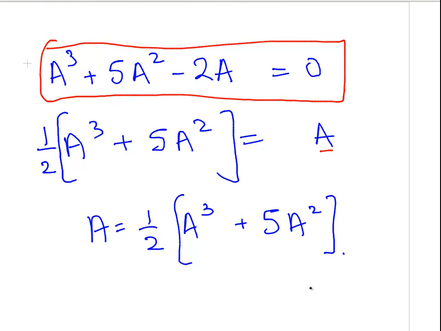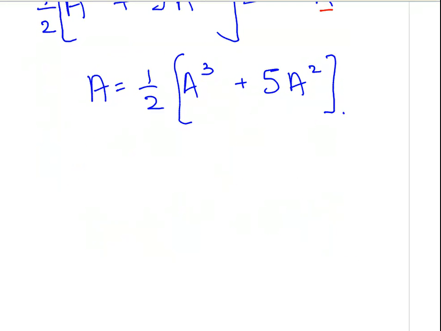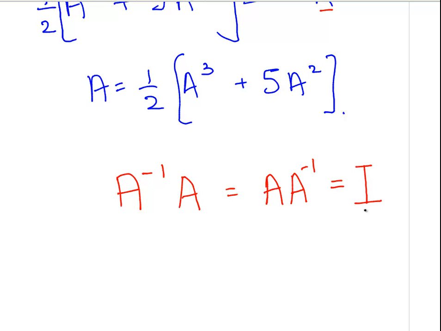Now, what I'm also going to say is a general rule to do with matrices, and it is very important. I'll do this in red pen. A inverse times A is equal to the identity matrix, and A times A inverse is also equal to the identity matrix, always. That's just a general rule of thumb.